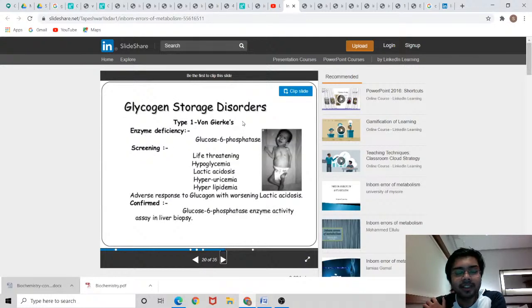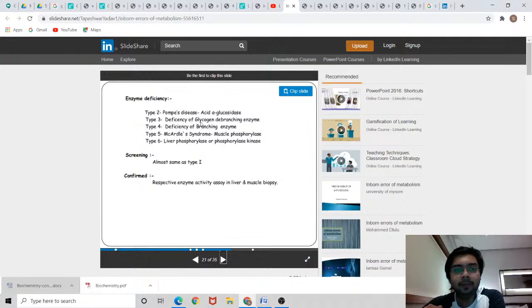Among glycogen storage diseases, we have already discussed it in brief. So you all know by now that type 1, just revise it with me, is caused by deficiency of glucose 6 phosphatase, and the clinical scenario you know. Type 2 is Pompe's disease, acid alpha glucosidase deficiency. Type 3 is deficiency of glycogen debranching enzyme.